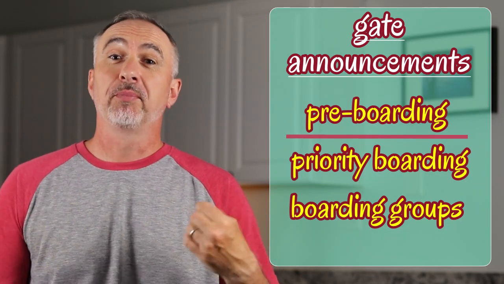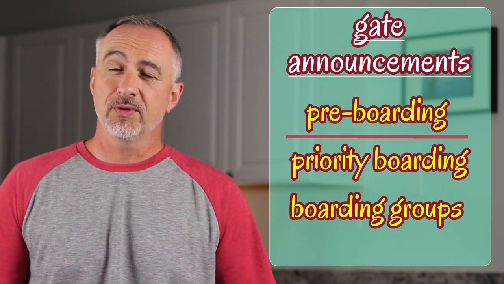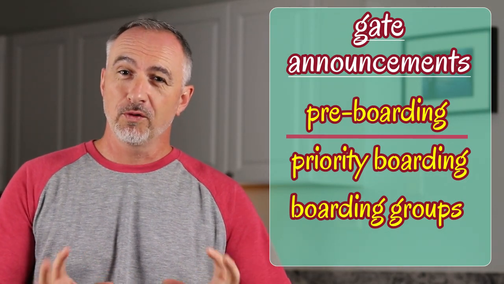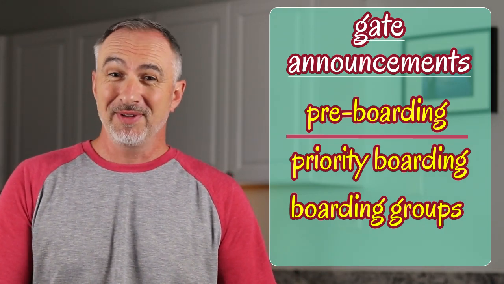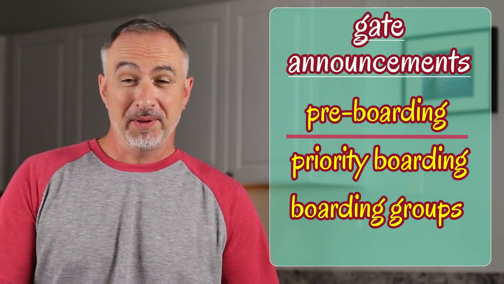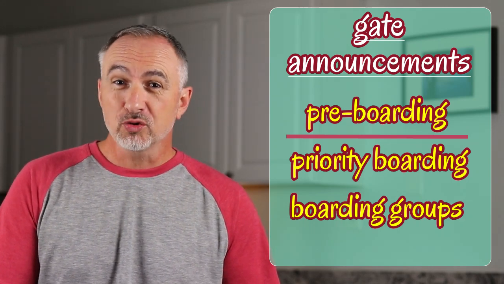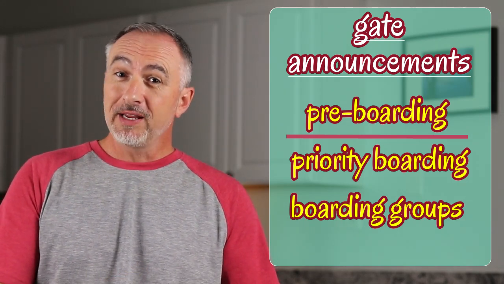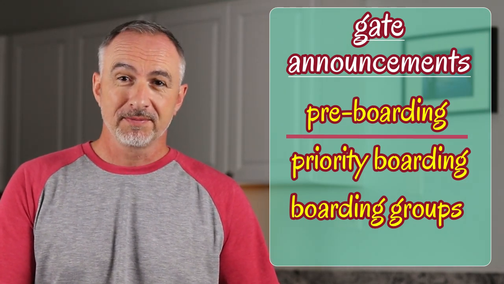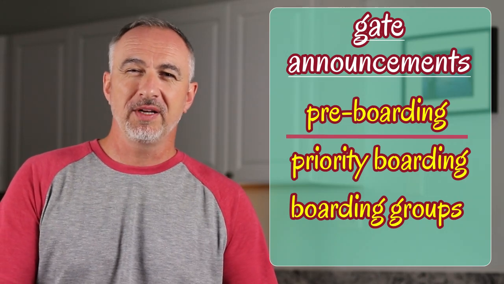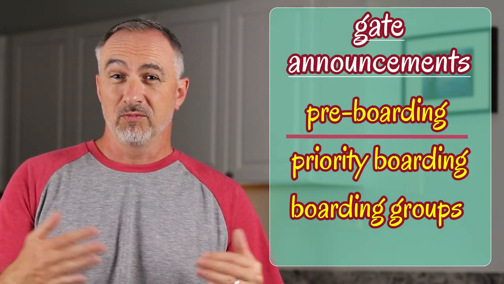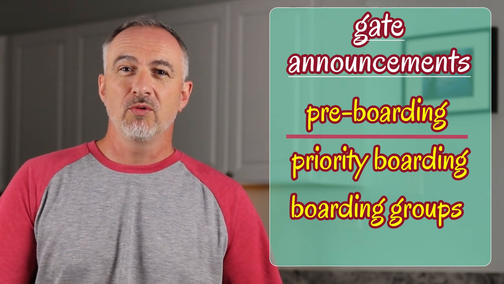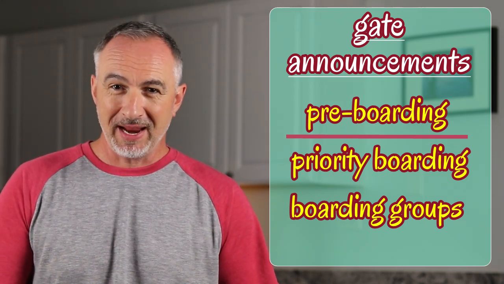Well, they'll talk about pre-boarding. Pre-boarding is normally only for people with disabilities, active military, people with young children, premium members, and what they call unaccompanied minors. Unaccompanied minors are normally children who are traveling without their parents.